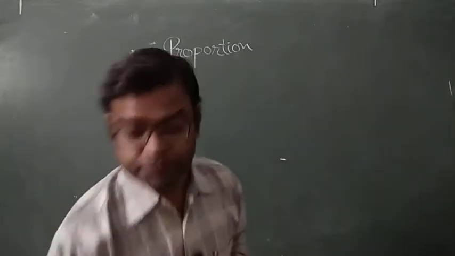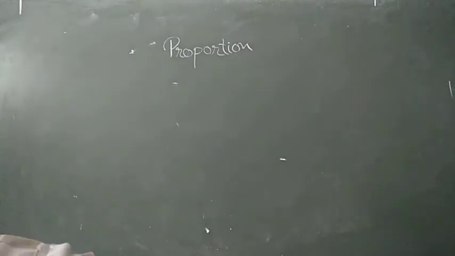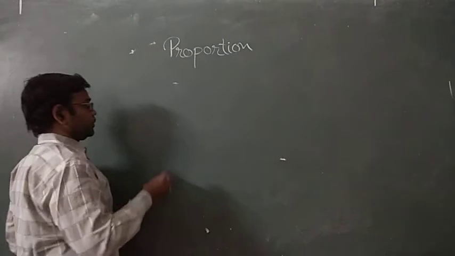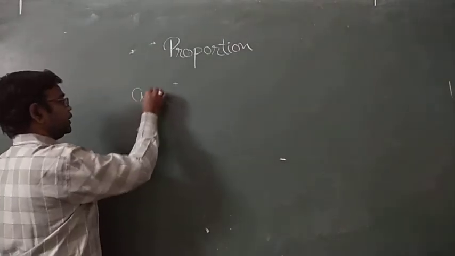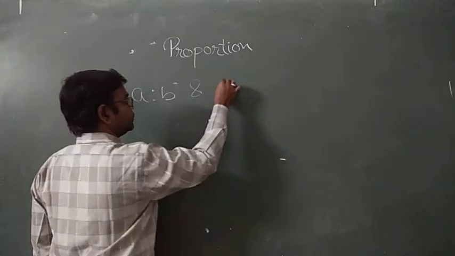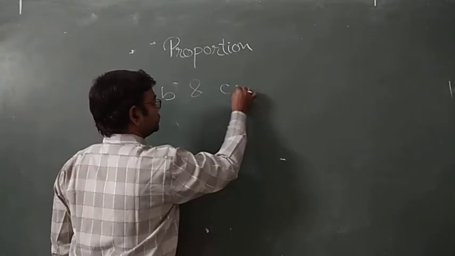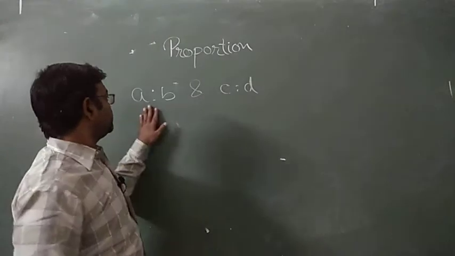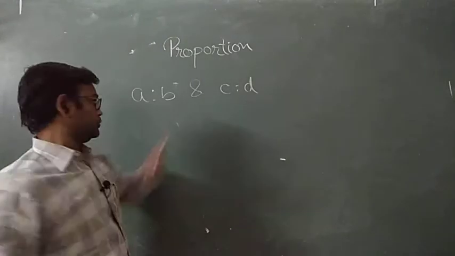Let me discuss. Suppose we have two ratios, A ratio B and another ratio C ratio D, and numerically these two ratios are equal.